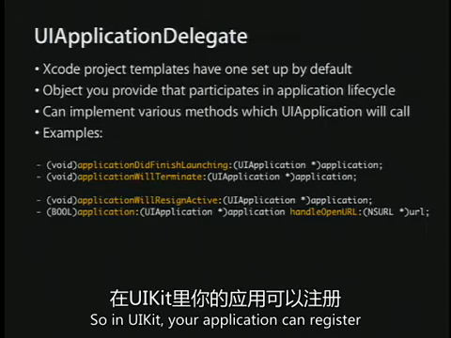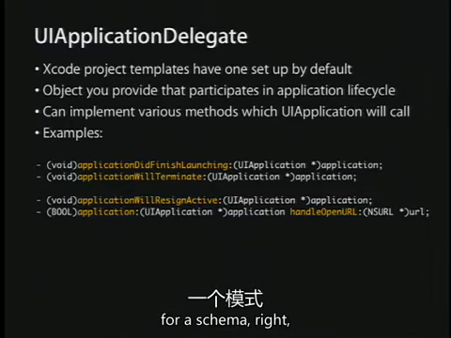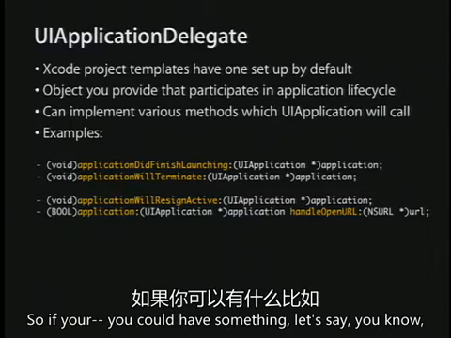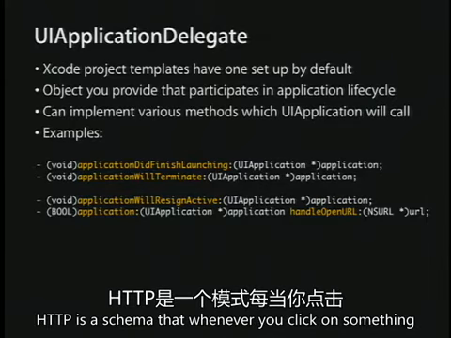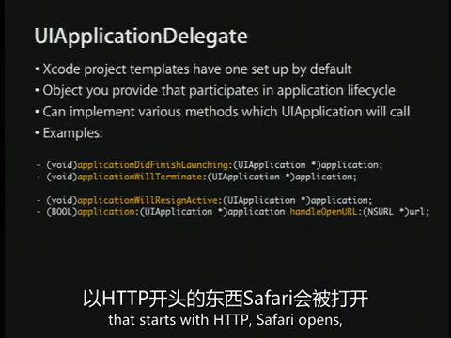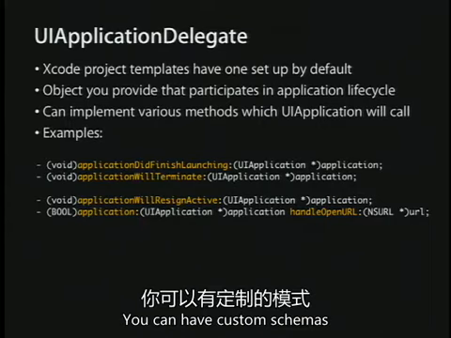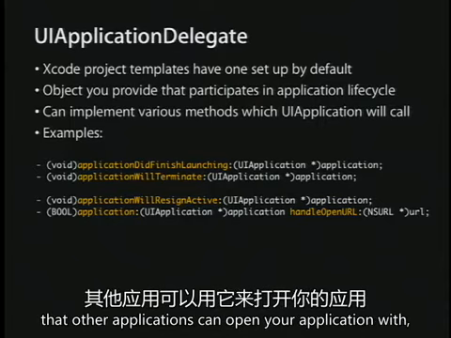So in UIKit, your application can register for a scheme. HTTP is a scheme, so whenever you click on something that starts with HTTP, Safari opens. You can have custom schemes that other applications can use to open your application.